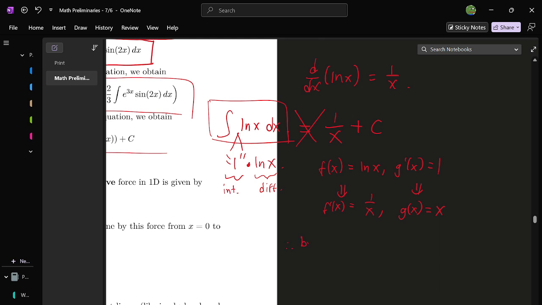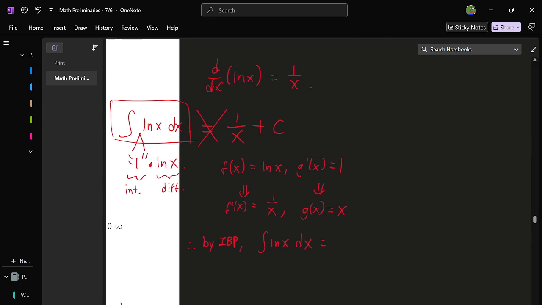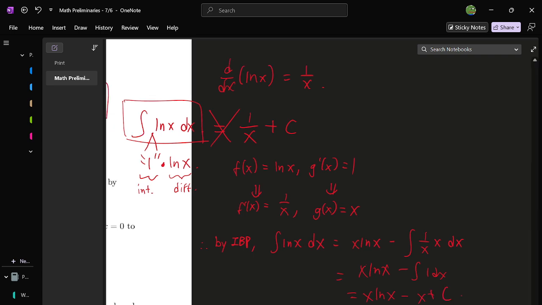So by IBP, you will have f(x) times g(x) minus the integral of f prime x times g(x) dx. And you see that the x is nicely cancelled here, and so you will get this.